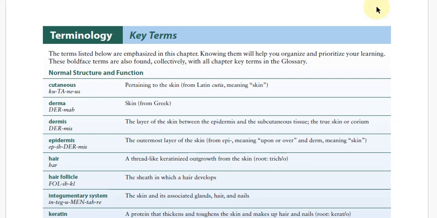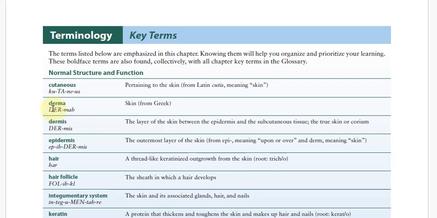Knowing them will help you organize and prioritize your learning. The first row is cutaneous. Cutaneous means pertaining to the skin, taken from the Latin word cutis, meaning skin.